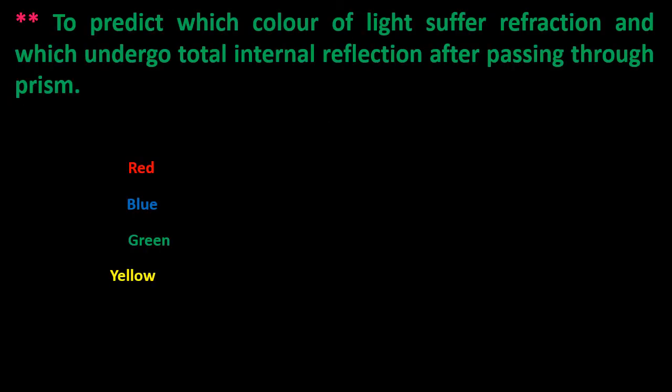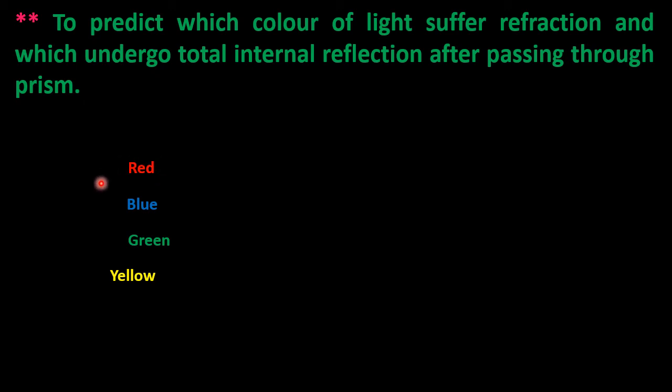Now here we discuss a very important concept related to total internal reflection. In this case, we are going to predict which color of light suffers refraction and which undergoes total internal reflection after passing through the prism.